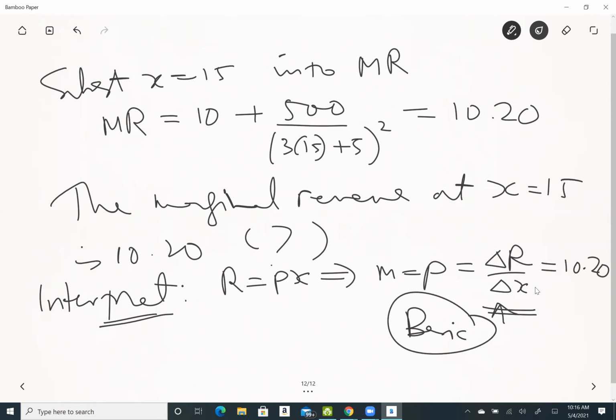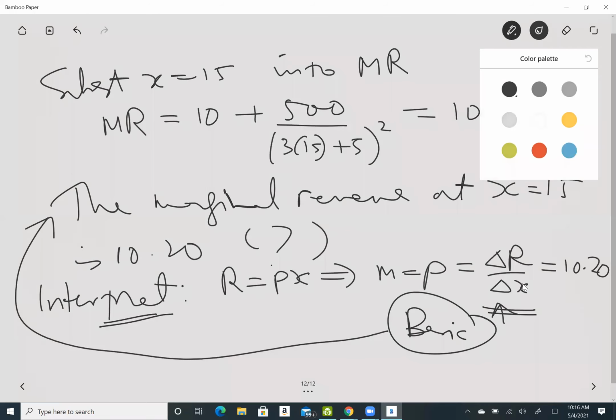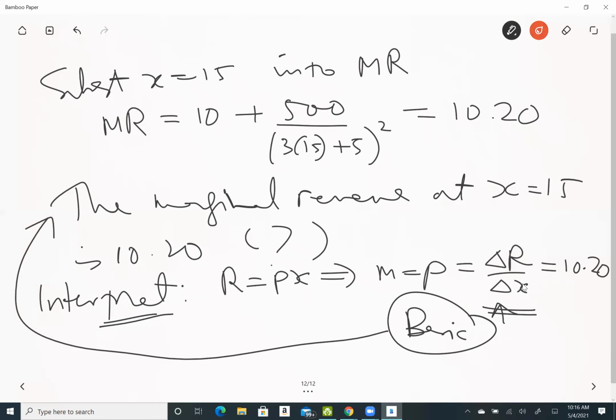If you can do the basic interpretation, then we can do the one that we use for the derivative, because you start with the basic. For the derivative, the marginal revenue is equal to dR/dx.